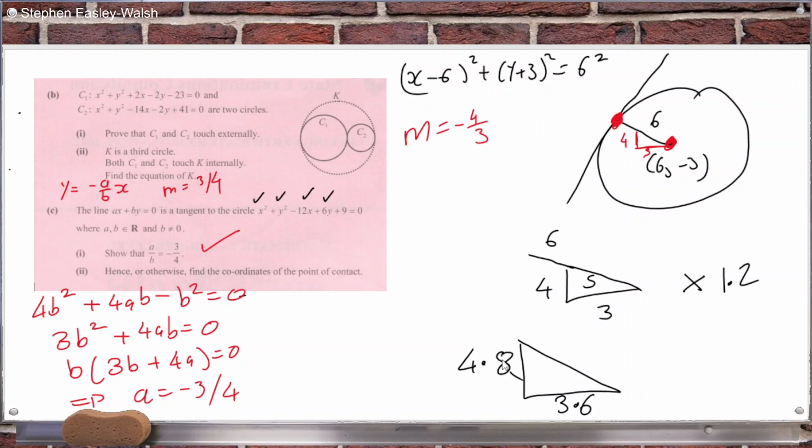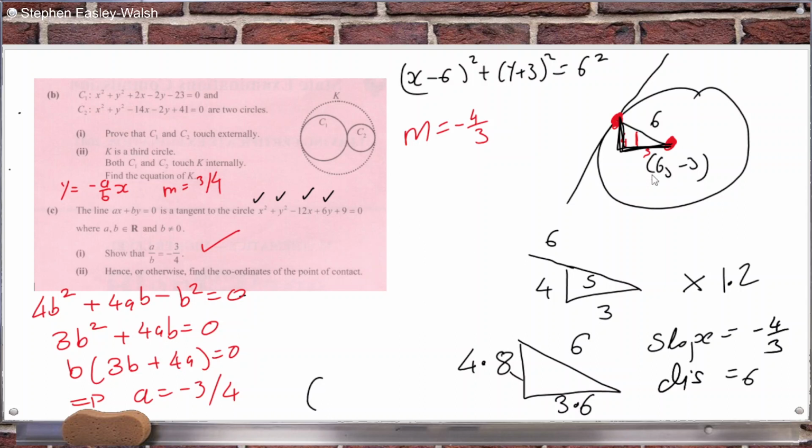The square root of 4.8² + 3.6² is 6. So the slope equals minus 4 over 3, and the distance is equal to 6. So that's the right amount to go left and up. So you would have to go left 3.6 and up 4.8.